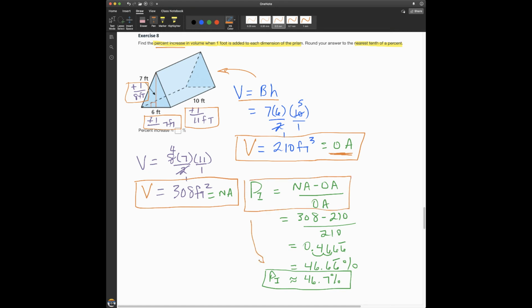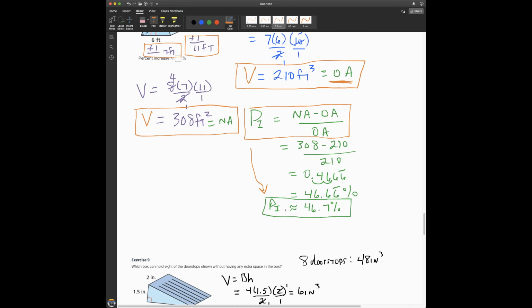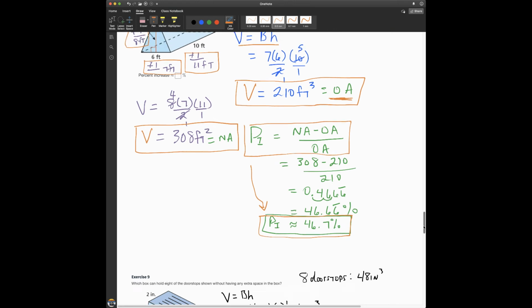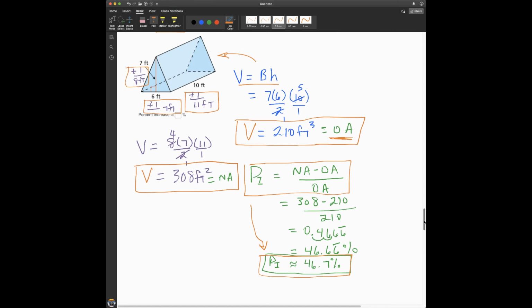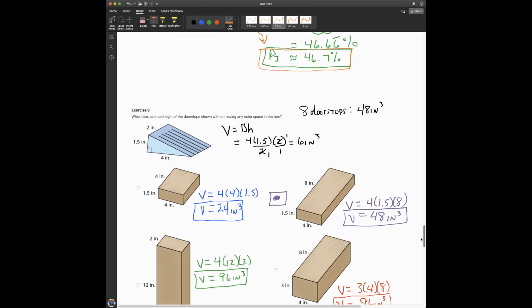I work it out down here, and I round to the nearest tenth of a percent. So the answer is 46.7% increase in volume just by adding 1 foot to each of the dimensions.